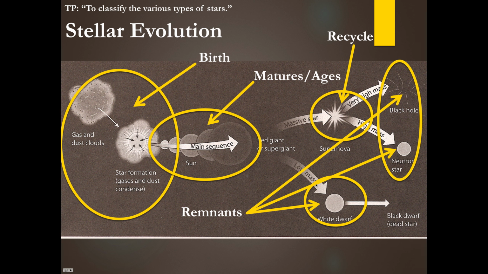Down here, for the low mass, like our sun, a star can eventually grow into a red giant, and then the red giant loses all of its power and is left with the core, which is the white dwarf. Eventually, once all the energy is used up, it's going to become dimmer and dimmer and dimmer into your black dwarf, which is the death of a star.